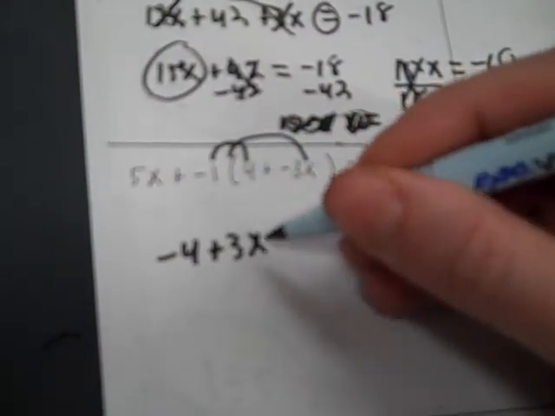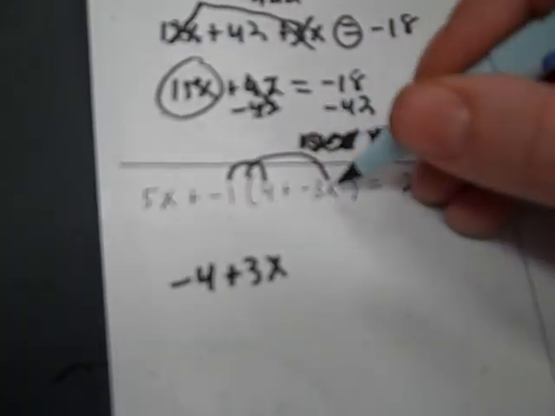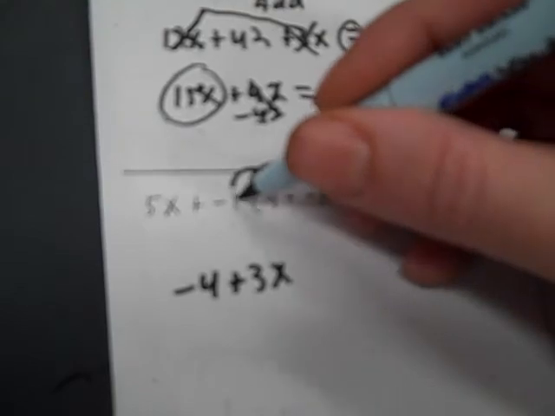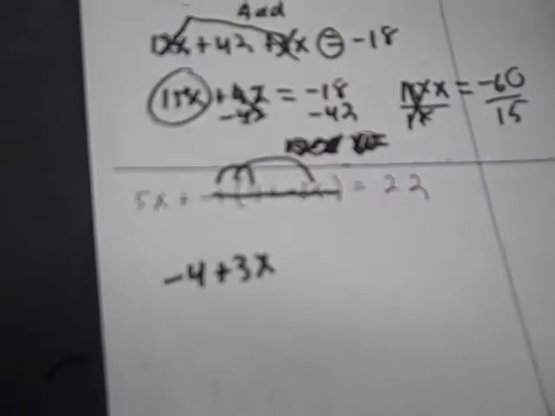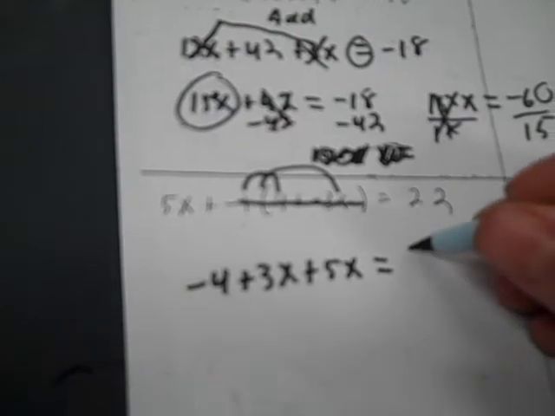It's positive 3, but that one has x on it, because this factor here had an x. So I have my two things. Got your parentheses, cross out that and the outside. Now before we write equals, we did have this 5x, so I put plus 5x, and then I can put equals 22.